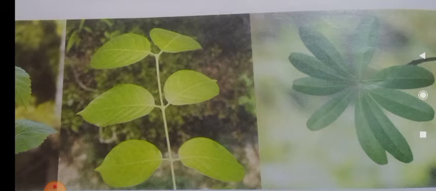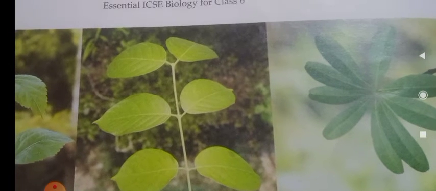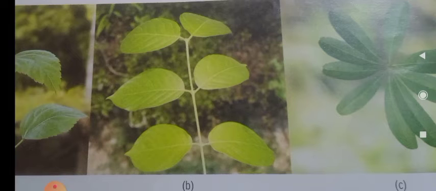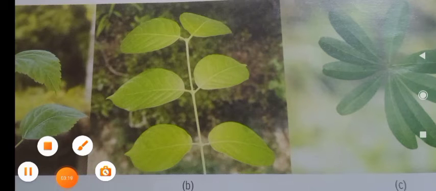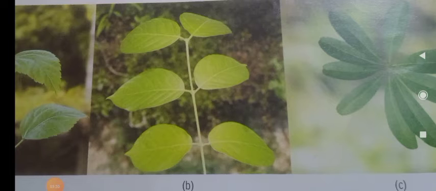The plant absorbs water, and the excess water is returned to the atmosphere as water vapor, and the process is called transpiration. So the functions of leaves are photosynthesis, respiration, and transpiration. For all this, the leaves are very helpful.